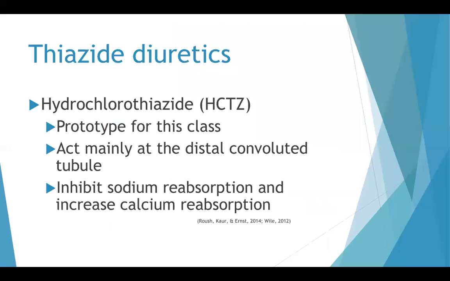The first class of drugs we're going to talk about is the largest class of diuretics. These are thiazide diuretics. Hydrochlorothiazide is the prototype drug for this class. It acts mainly on the distal convoluted tubule, and it works by inhibiting sodium reabsorption and increasing calcium reabsorption.